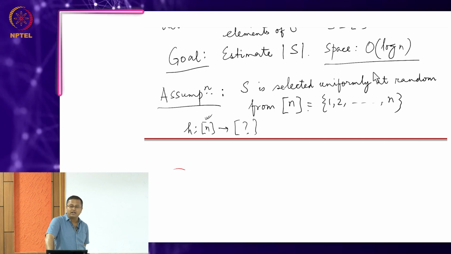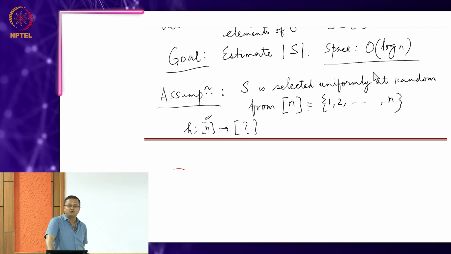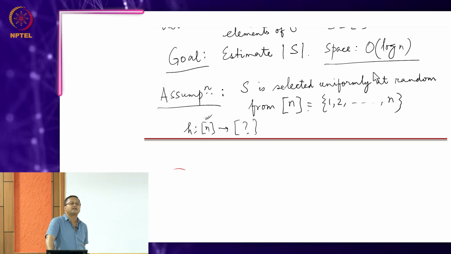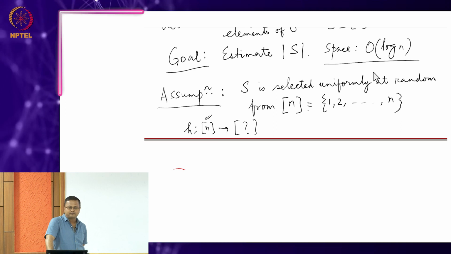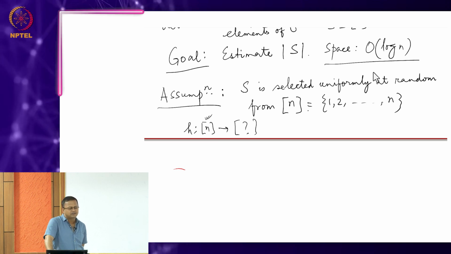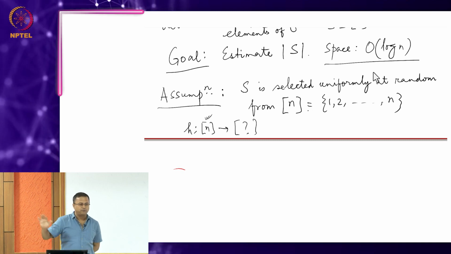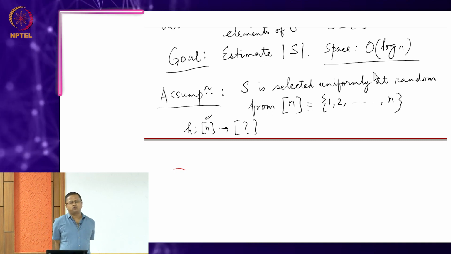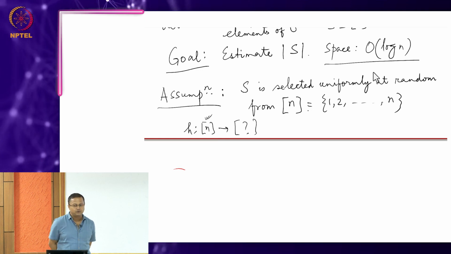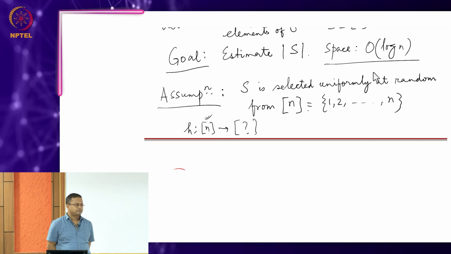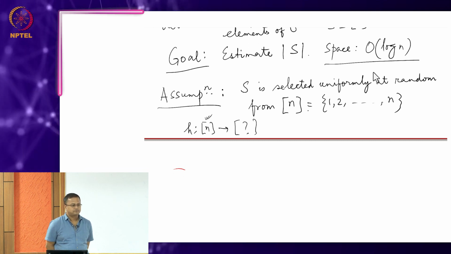What am I storing? Only the hash function. This hash function would be such that it can be stored in only log n bits. I will show that I just require a polynomial modulo something where I just need 2 coefficients. So that means 2-wise independence should hold.